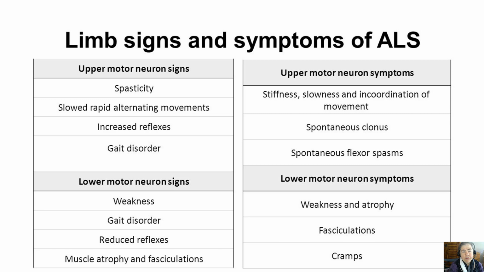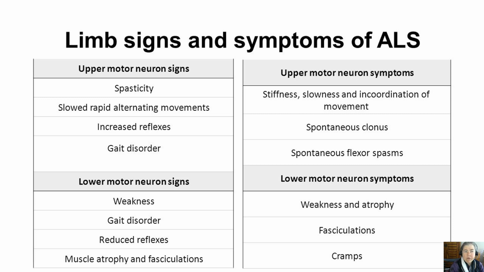And this is a chart just comparing the signs and symptoms of upper motor neuron damage and lower motor neuron damage in a disease called amyotrophic lateral sclerosis. And in ALS, you can have both upper motor and lower motor neuron damage.